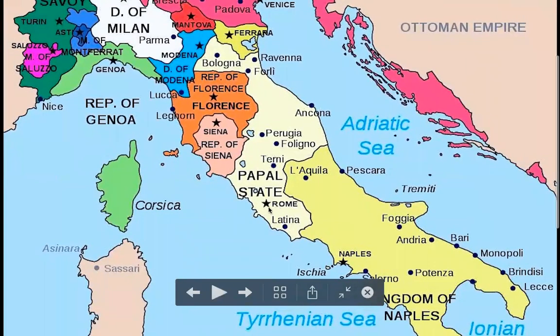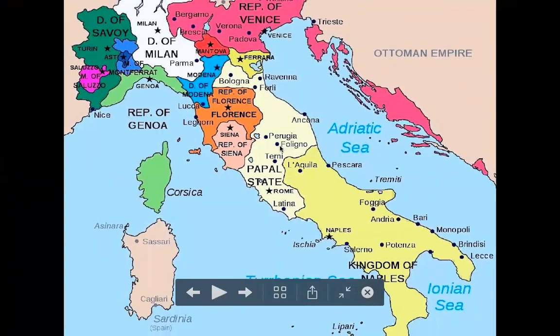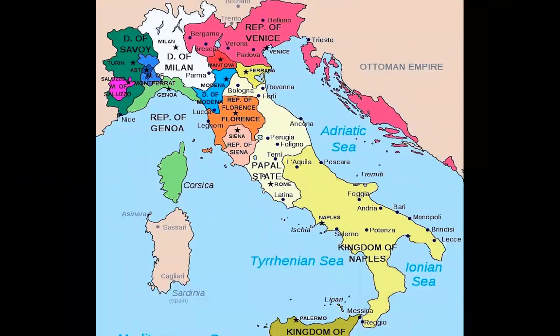Papal meaning related to the Pope or Papa, right here. So it was a fractured collection of city-states before it was eventually unified later, because we're here talking about the early 1500s, early 1600s of Shakespeare's era.